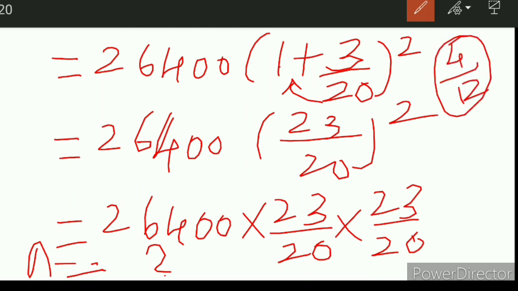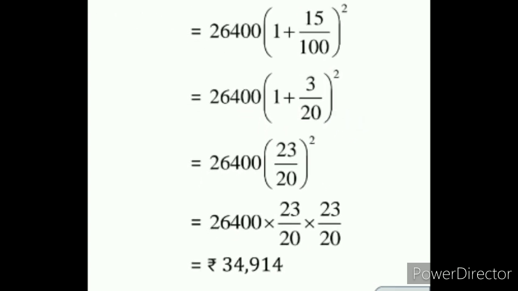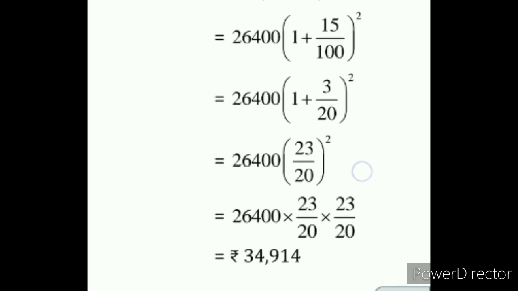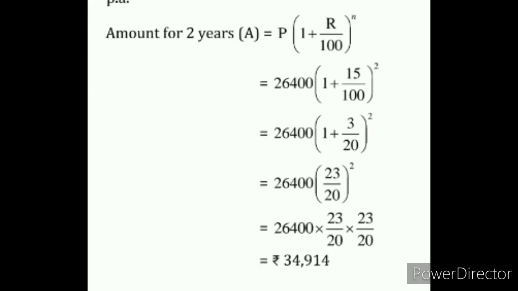To calculate the 4 months interest, we should use this amount. See, the amount is here: 34,914. You should use that amount as principal and substitute in the simple interest formula.